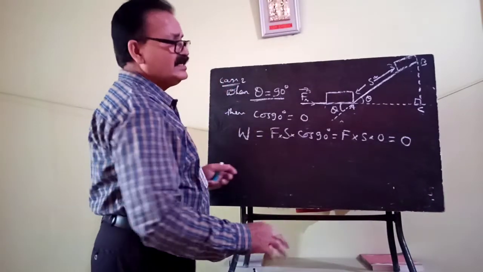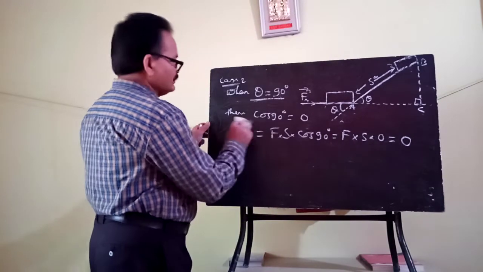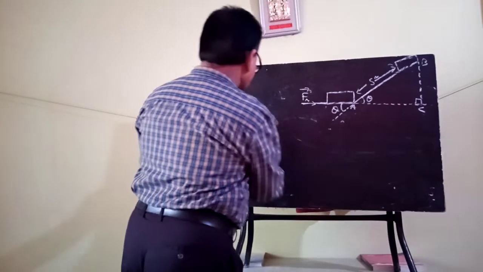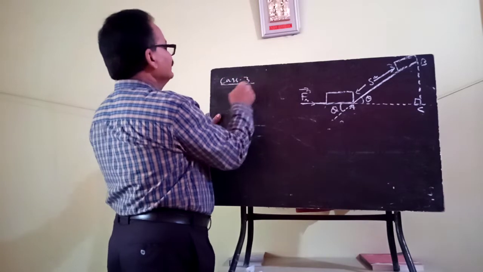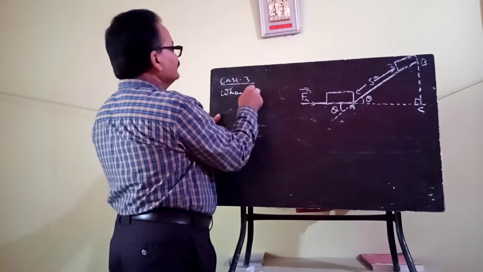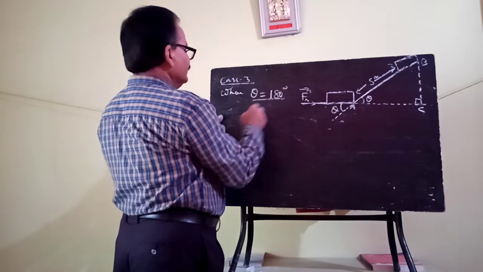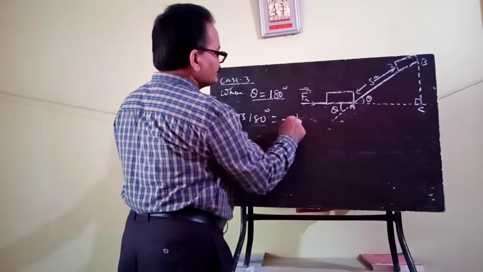And you see, if coolie, let me say third case, then again I will show you about the next part of the coolie. Case 3, when theta is 180 degrees, then cos 180 degrees is minus 1.